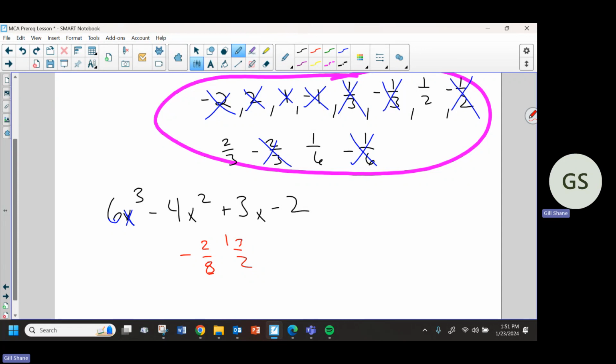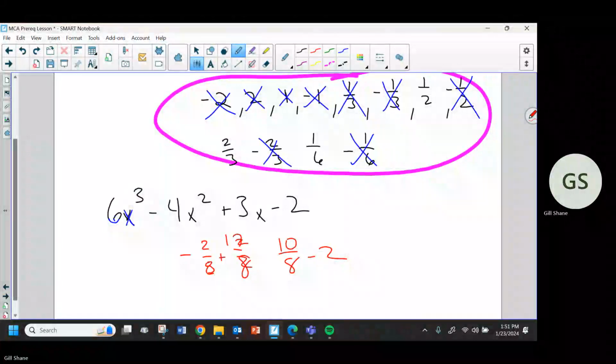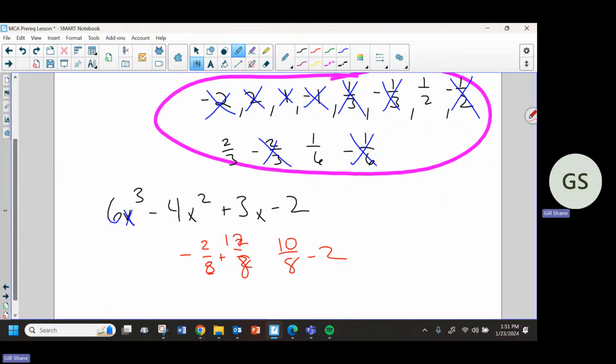Oh, I might have been wrong. I still don't think the 1/2 worked.